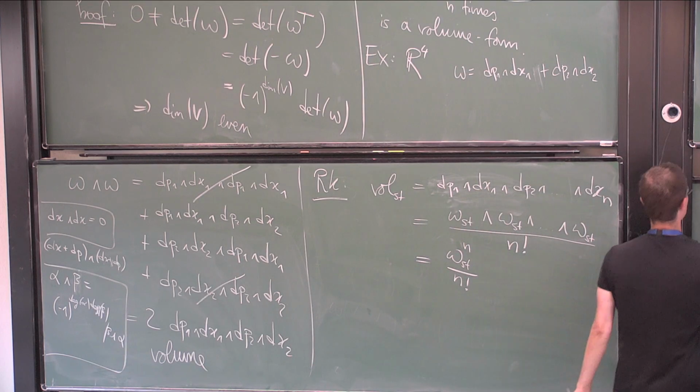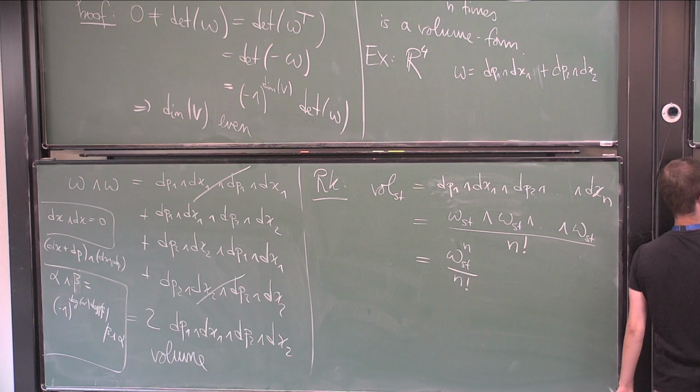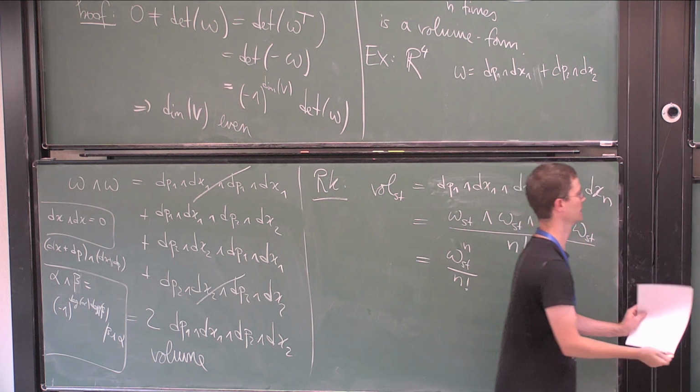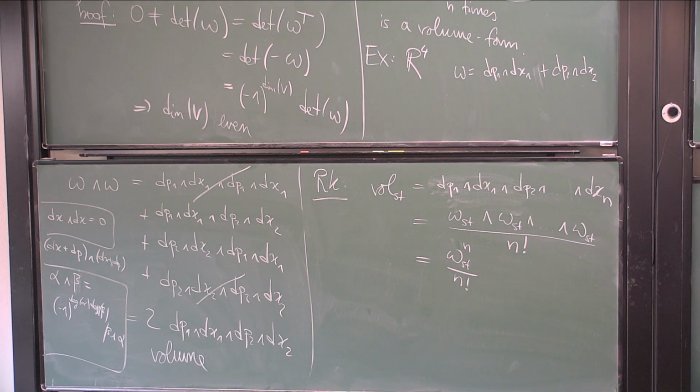Okay, and then we can state this theorem. I'm not sure if it's really due to Darboux. Darboux is really the manifold case, but let's say it's the linear Darboux theorem.